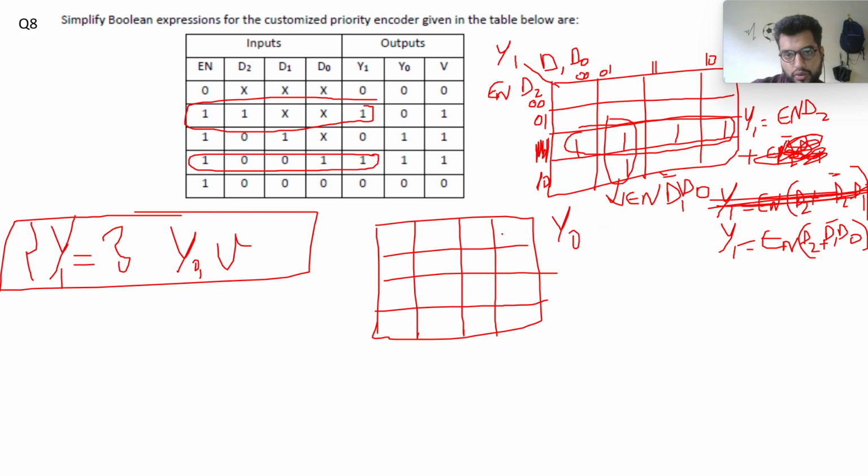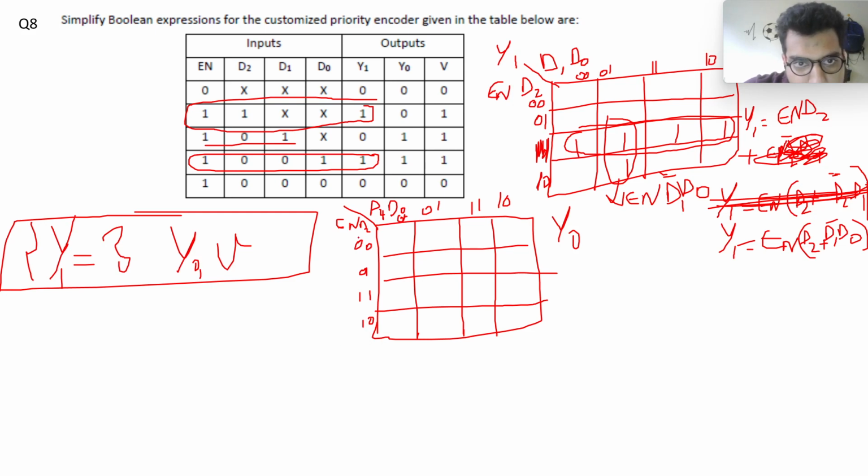So now y0. So en, d1 d0, and this is d2, 0 0 0 1 1 1 1 0. Now y0 is 1 for this case when en is 1 and d1 is 1.